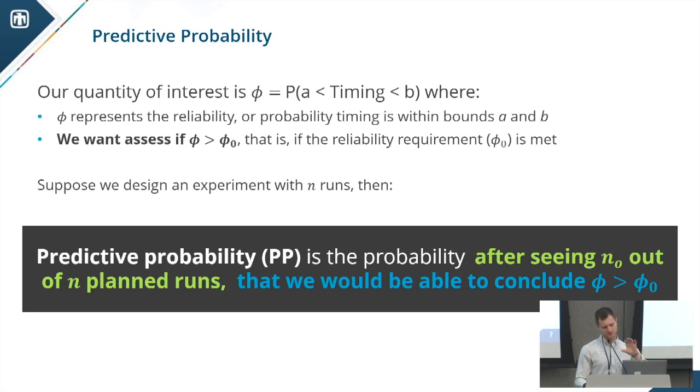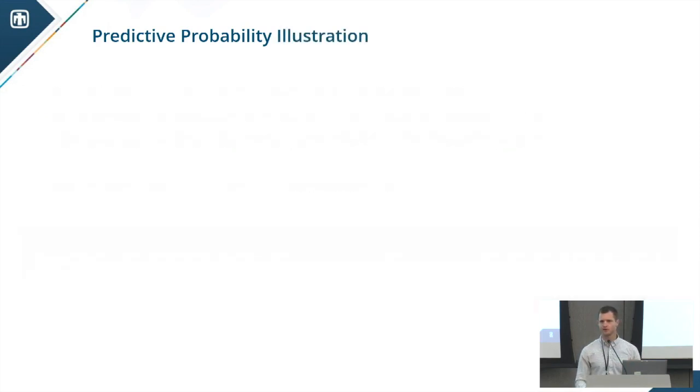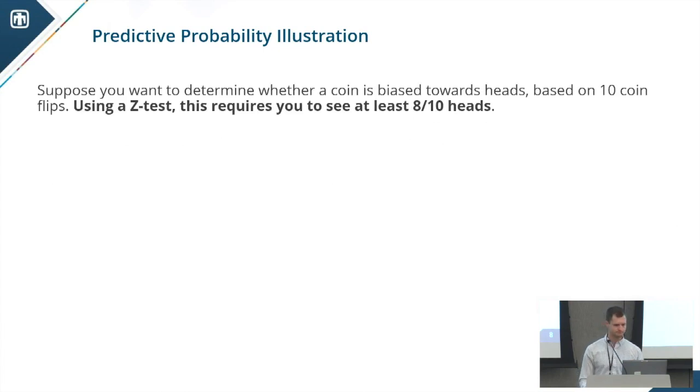This definition itself is a little bit wordy, so I'm just going to go through a very simple example, also using coin flips, to get across what predictive probability really means. Suppose you want to determine whether a coin is biased towards, say, heads.